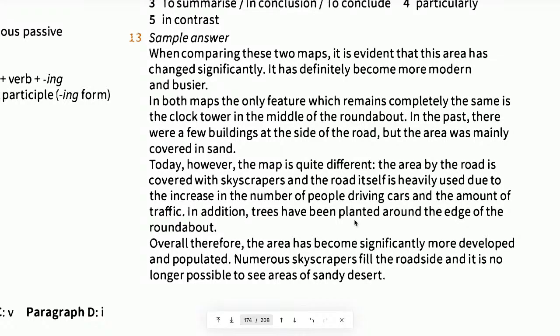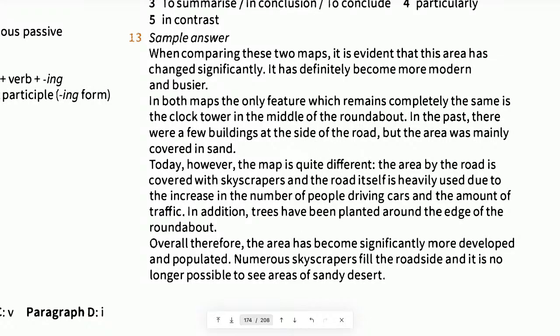Okay, we want to describe changes. You can write somewhere describe changes. Describe changes, or we can say that there's a change or a complete change from the past to the present.